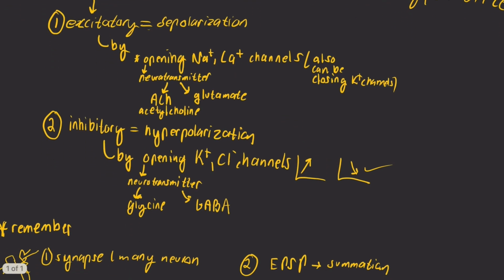This is due to the opening of potassium or chloride channels. Now, similar to the excitatory, there are specific neurotransmitters, and this time it is not ACh and glutamate, but rather glycine and GABA.